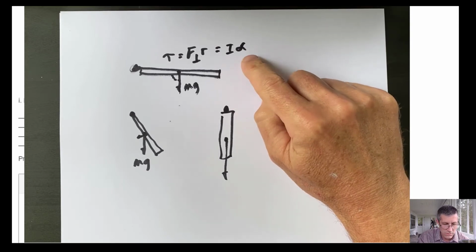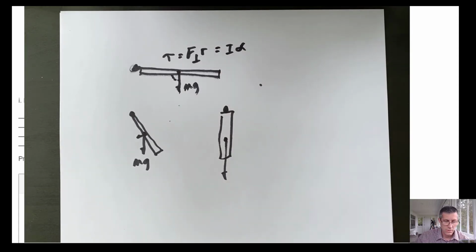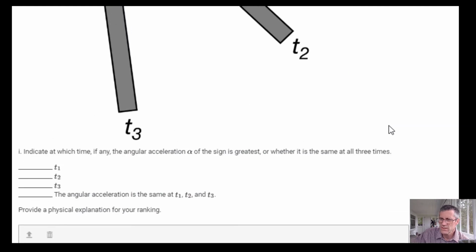So I'm going to have more torque and more angular acceleration when I'm more horizontal. As I become more vertical, it's going to be less. What they're looking for you to recognize in the explanation is that the torque comes from the amount of force perpendicular to the lever arm, and that will decrease as the object falls to become vertical. So we need to get that into your explanation.